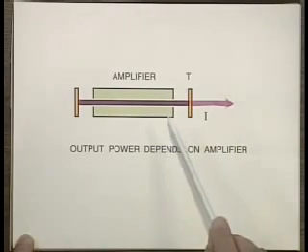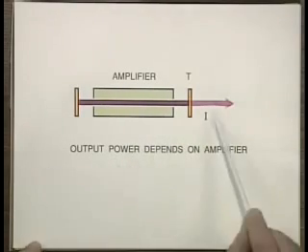So the bigger the amplifier, the more power we'll get. As simple as that. Later we will find out how an amplifier works. If we can come up with a bigger amplifier and learn how to make a big amplifier, then we'll really know the secret of making high power lasers. So it's in the hands of the amplifier.